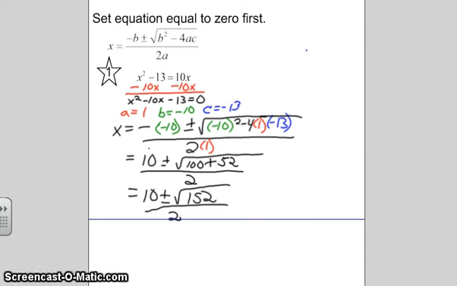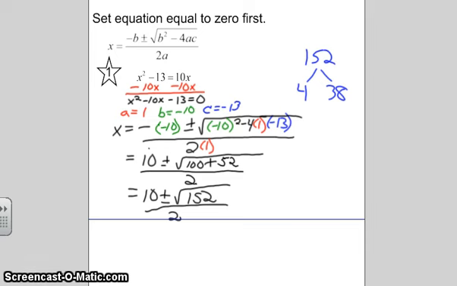So I'm taking my 152. I'm looking for a factor of 152 that's a perfect square. It's a 4. I didn't know that when I woke up this morning, but in period 1 I figured that out. Okay? So 4 times 38 make 152. I used the calculator to figure that out.